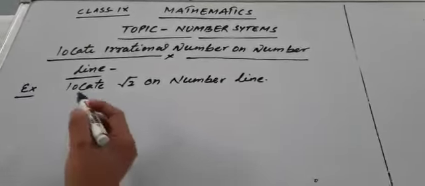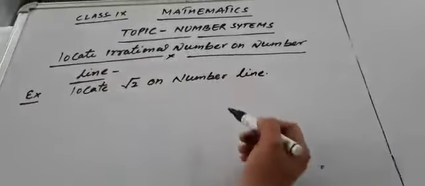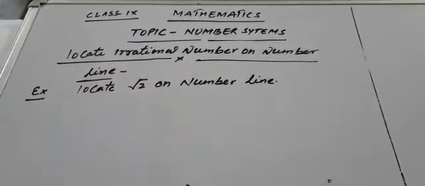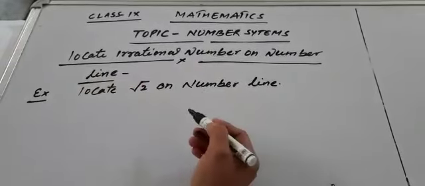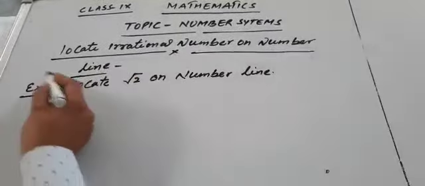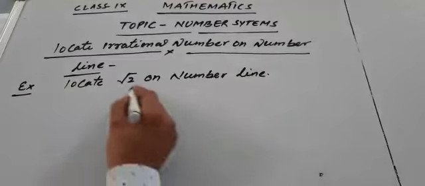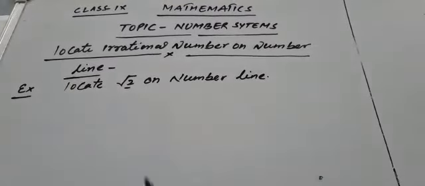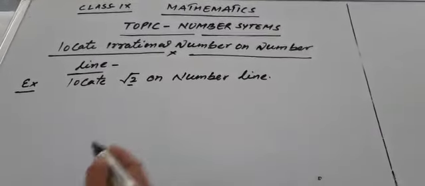Now student, we will cover the next topic: locating an irrational number on the number line. We will take one example, root 2. You know root 2 is an irrational number and we will locate it on a number line.